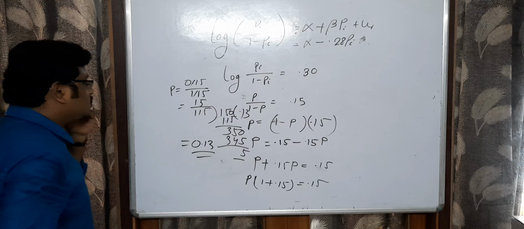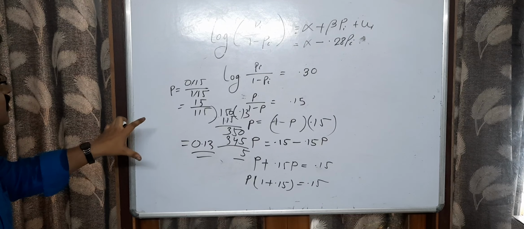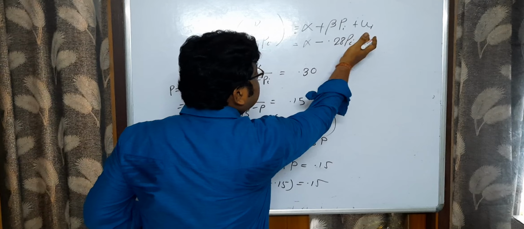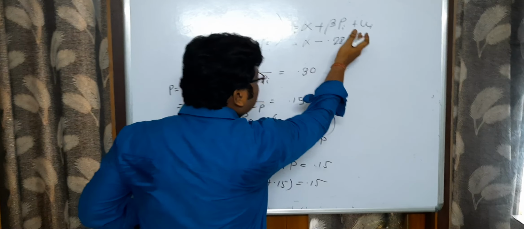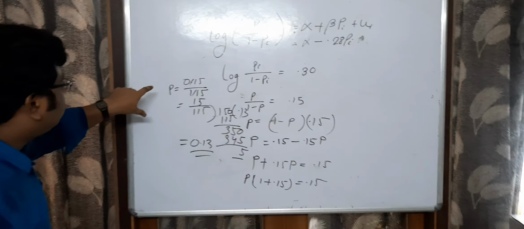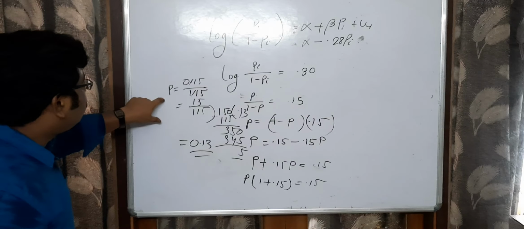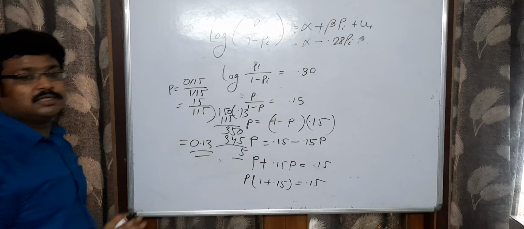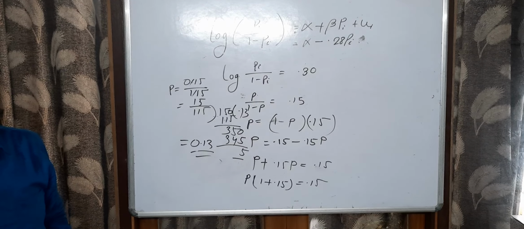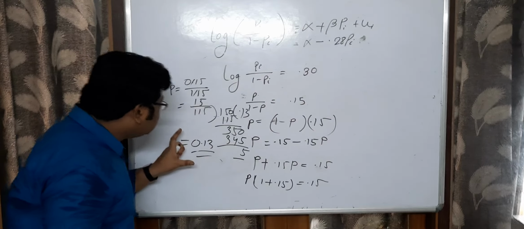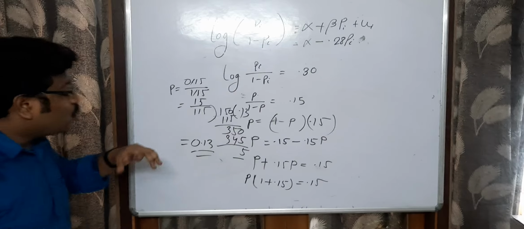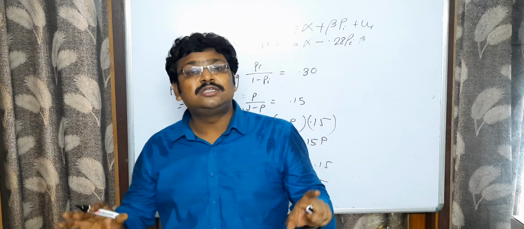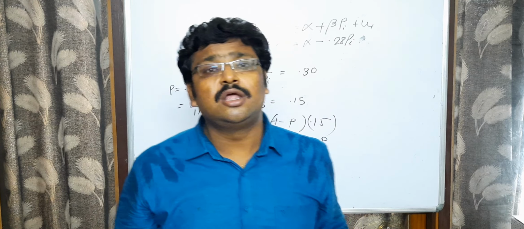So what does it mean? It means that if there is an increase of 1 unit in P, the price of the car, then the probability of sale is 13%. This is a way through which you can analyze the logistic regression model.